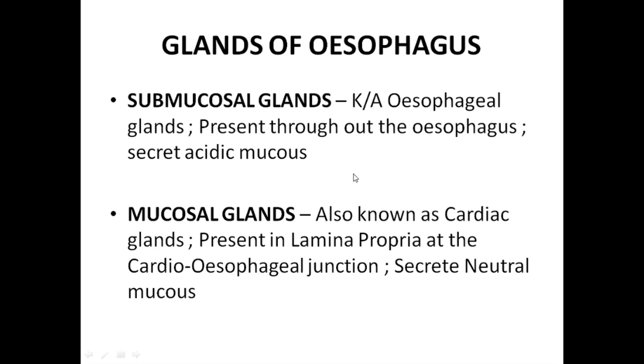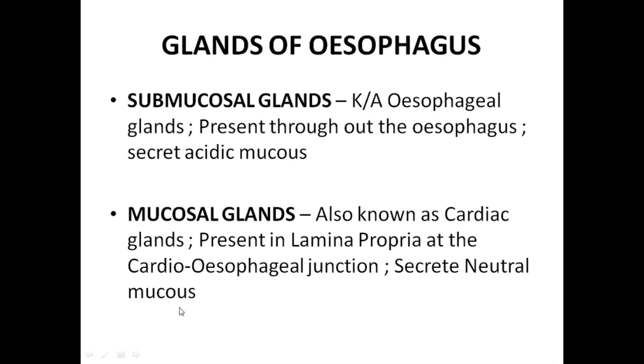Then here we need to remember the two types of glands which are present in the esophagus. One is the esophageal glands. They are present in the submucosa, hence they are also called the submucosal glands, and they secrete acidic mucus. Whereas the other type of glands are the mucosal glands. That means they are present in the lamina propria of the mucosa, and they are mainly present near the cardioesophageal junction, and they secrete neutral mucus.